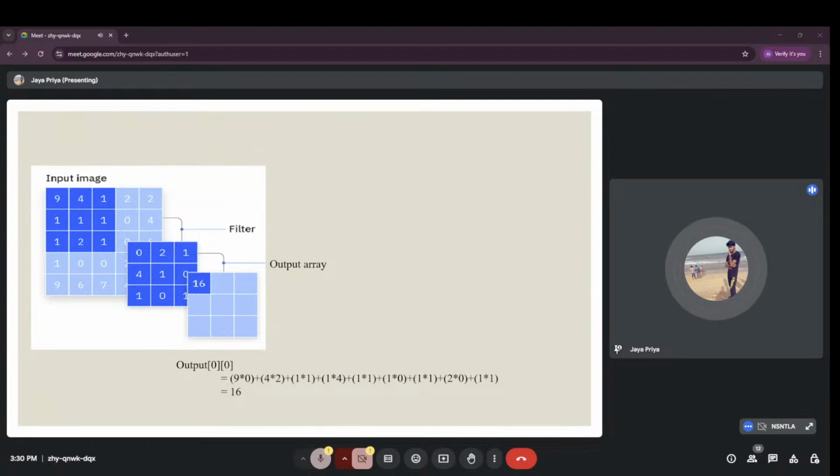The right side matrix is the feature map, where the sum of multiplied values is placed in a new matrix, highlighting important features. The number 16 in the feature map is the result of applying the filter to a part of the image.